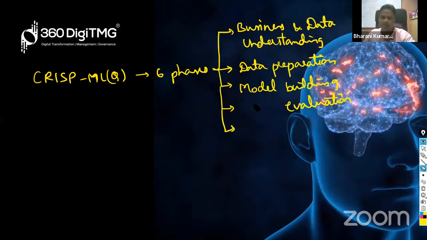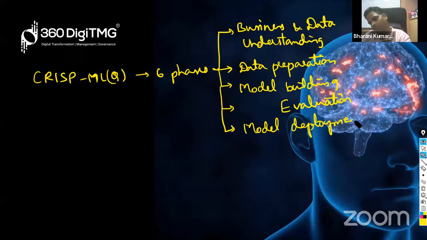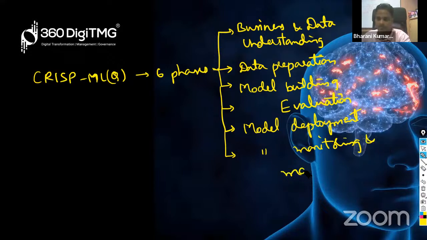It's not model evaluation, rather I call this evaluation, because you also need to evaluate whether your business and economic success criteria are met or not. Then we have model deployment. And then we have model monitoring and maintenance. Okay, even using mind map, this is exactly what we have understood.